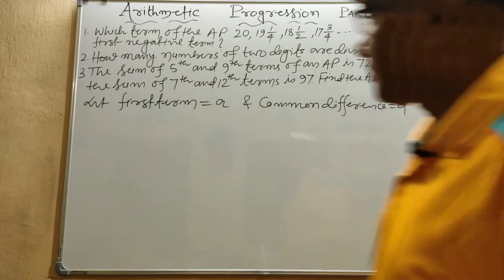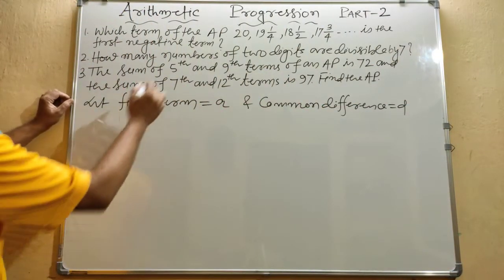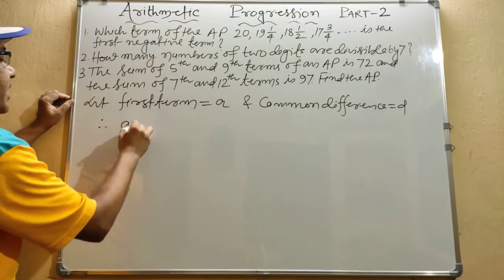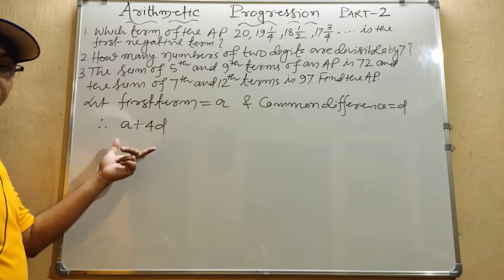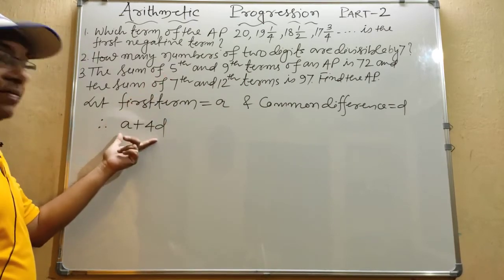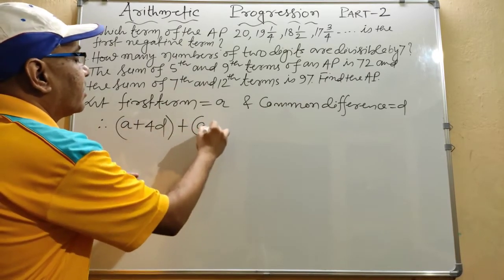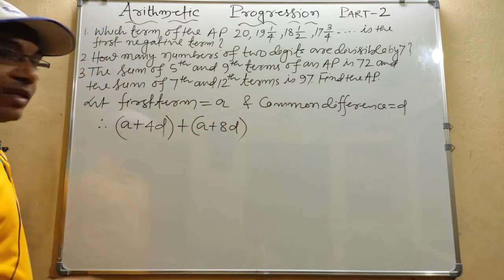So if the first term is A and the common difference is D, what will be the fifth term? Fifth term will be A plus 4D. I think understood. Fifth term will be A plus 4D plus ninth term will be A plus 8D. Clear?